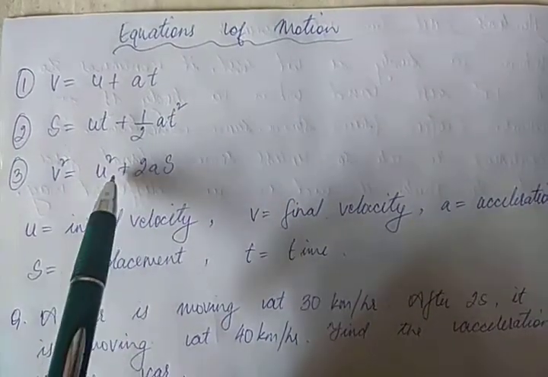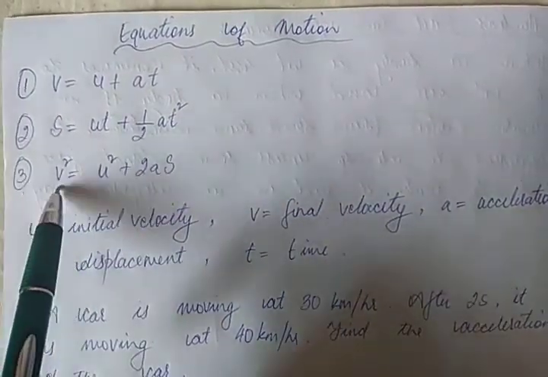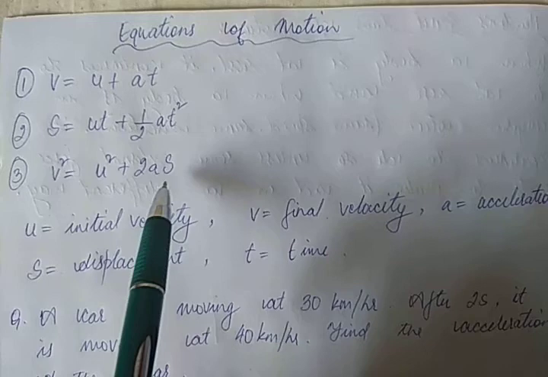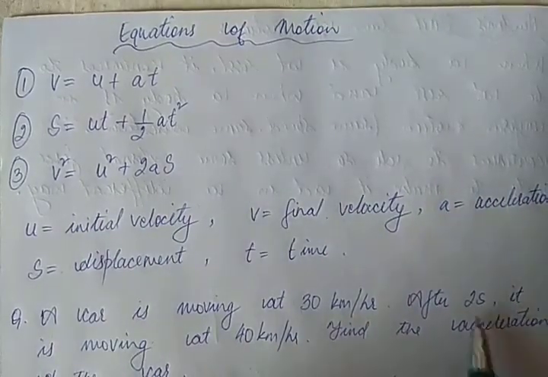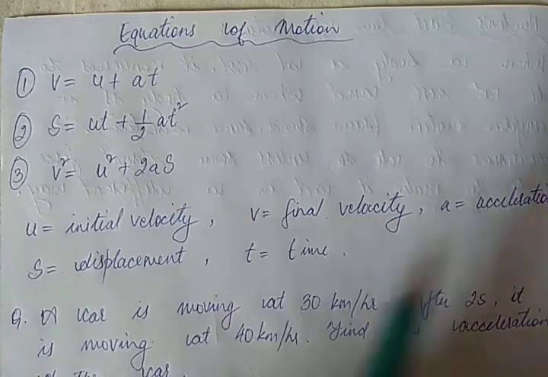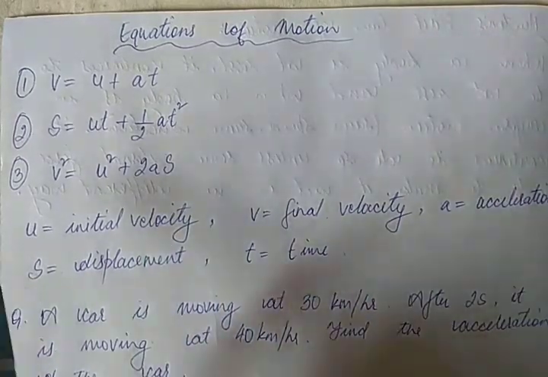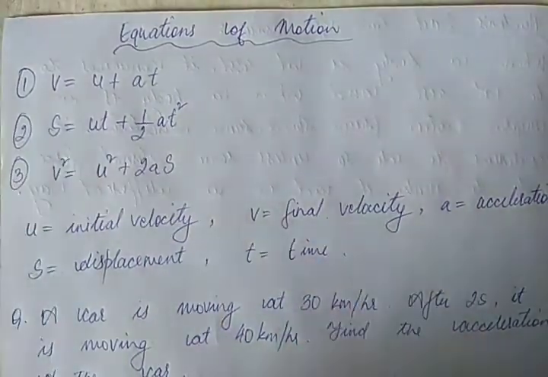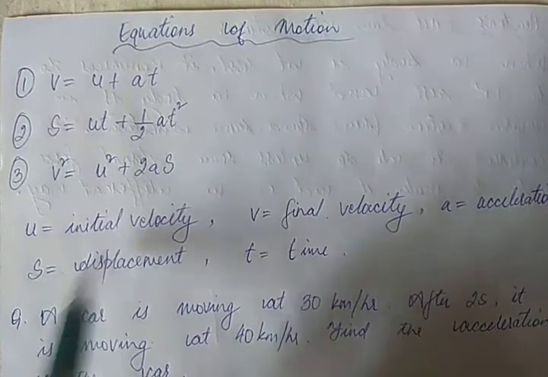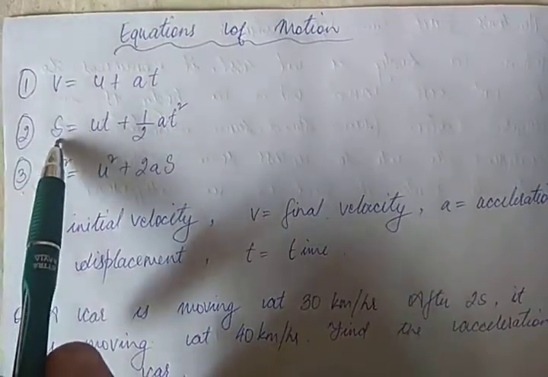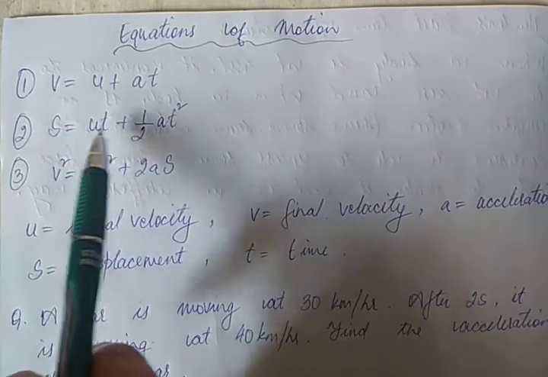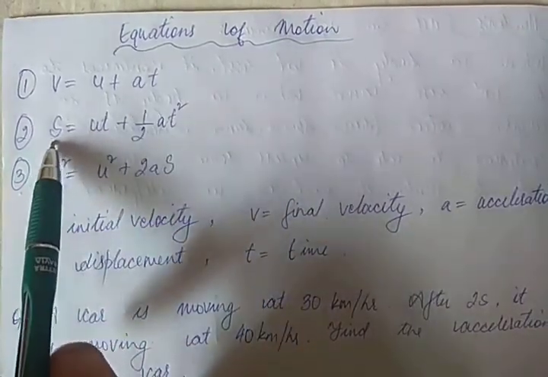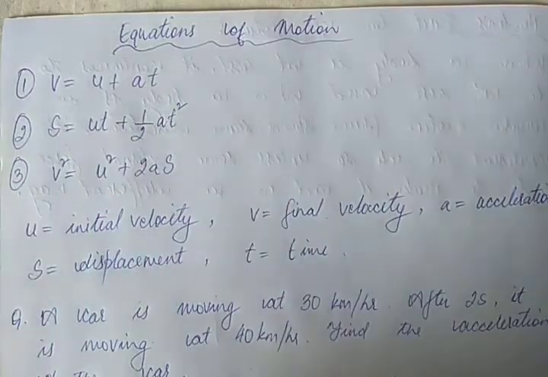If the displacement of the body in 2 seconds, how much distance the body has moved, was given, we could have used equation number 3 also. Or we could have used equation number 2, because initial velocity is given, time is given.